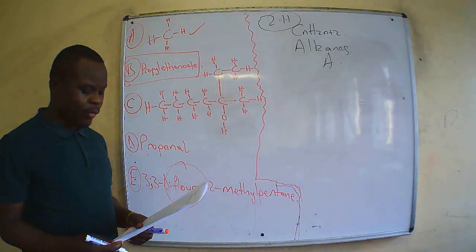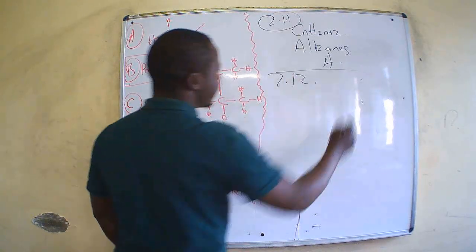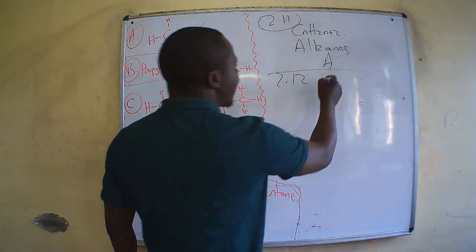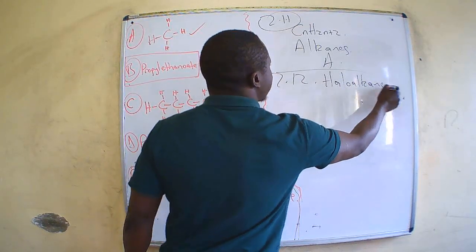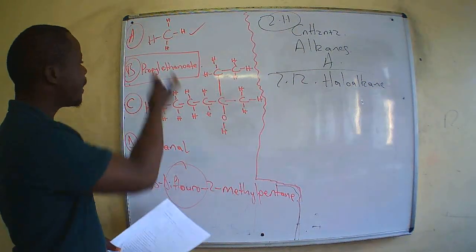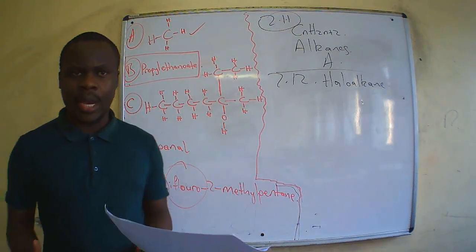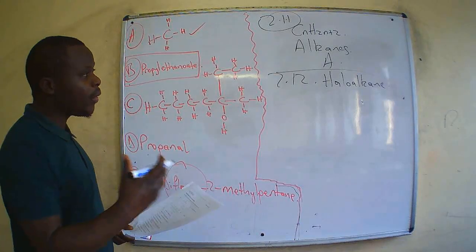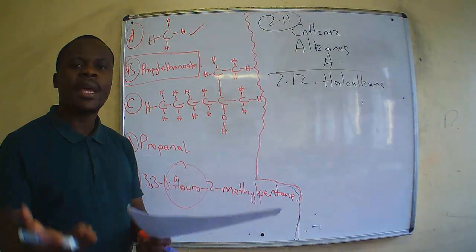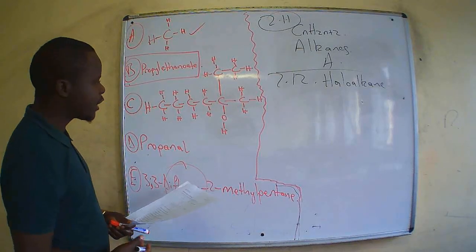All right, as we move on to the next question, 2.1.2, the question is: which one amongst these is a haloalkane? How do you identify a haloalkane? You identify a haloalkane by understanding that haloalkanes are simply alkanes that have a halogen as part of their structural formula.